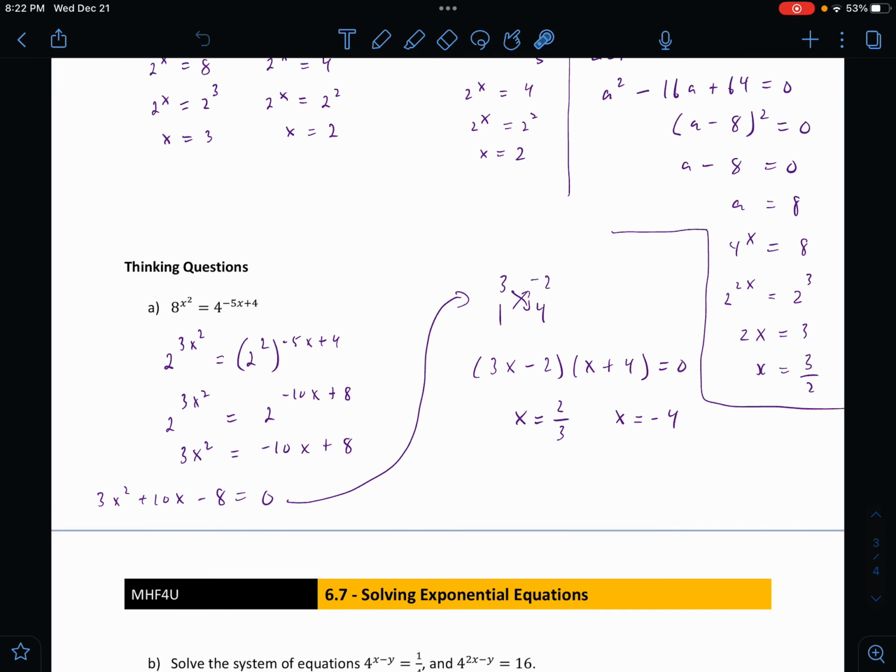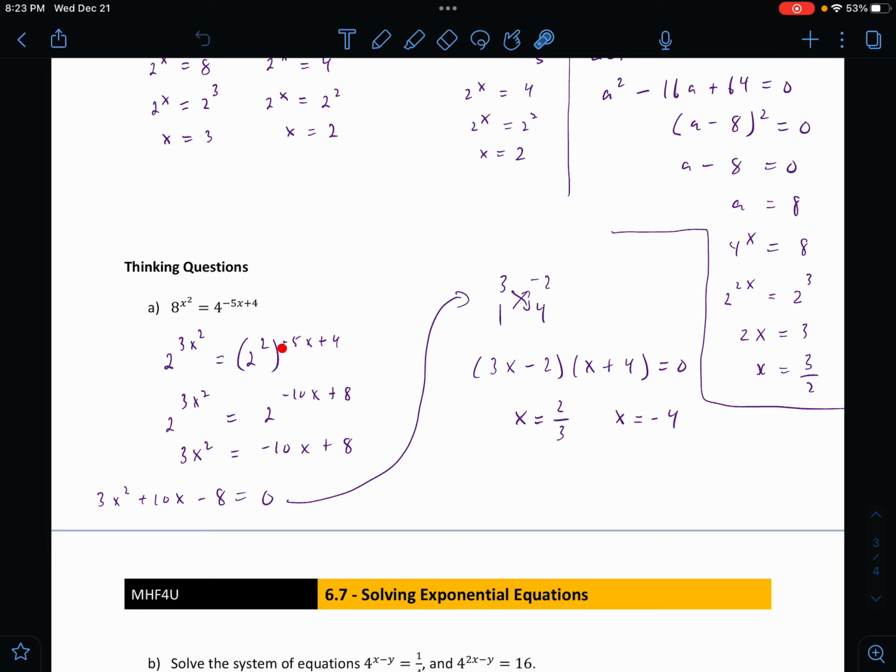Now for this thinking question here, nothing particularly special about it. What you want to do is find what the common base is. The common base is 2. So 8 turns into 2 cubed, and we're going to multiply the 3 and the x squared together. And then the 4 here turns into 2 squared.